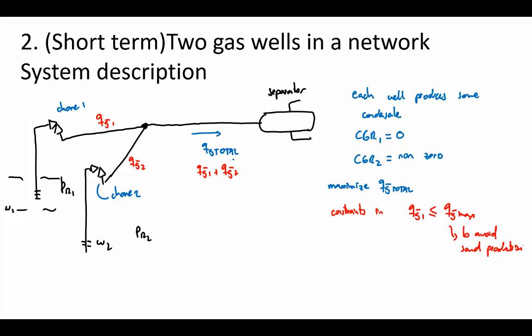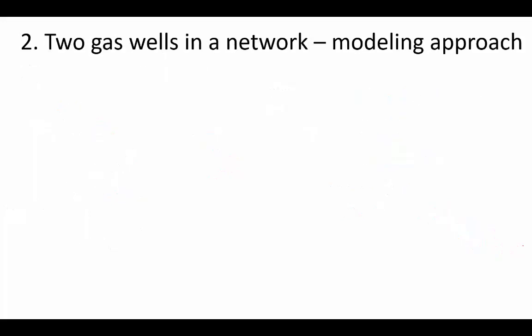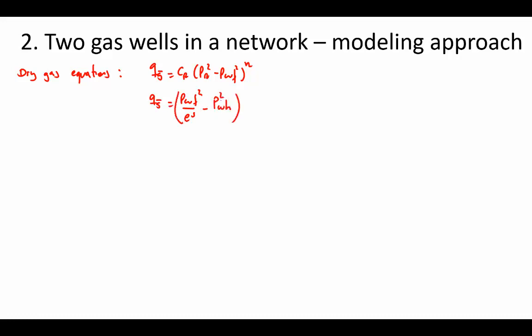So we have addressed this model before. We are going to use dry gas equations. You remember the equations: QG, CR, PR squared minus PWF squared to the power of n. We have the tubing equation, QG, PWF squared over e to the s minus PWH squared, to the 0.5, times C, times CT.